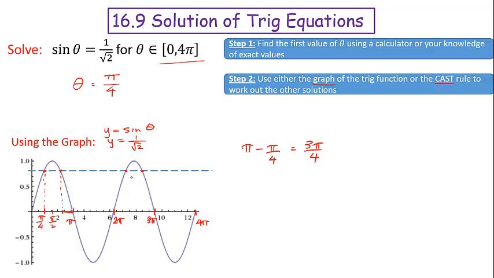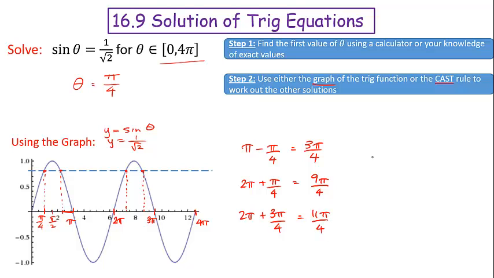Now your third solution, because now we're in our second period of 2 pi, is just going to be whatever our first solution was plus 2 pi. So that gives us 9 pi over 4. And then this one here is going to be 2 pi plus your second solution, which was 3 pi over 4, which gives us 11 pi over 4.